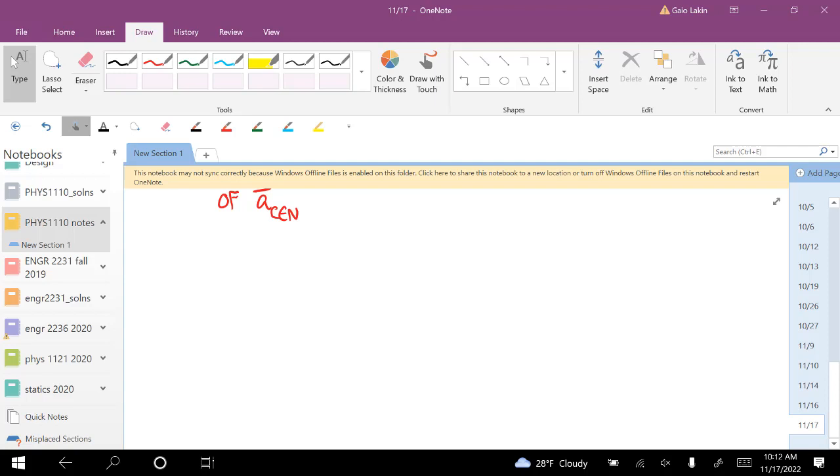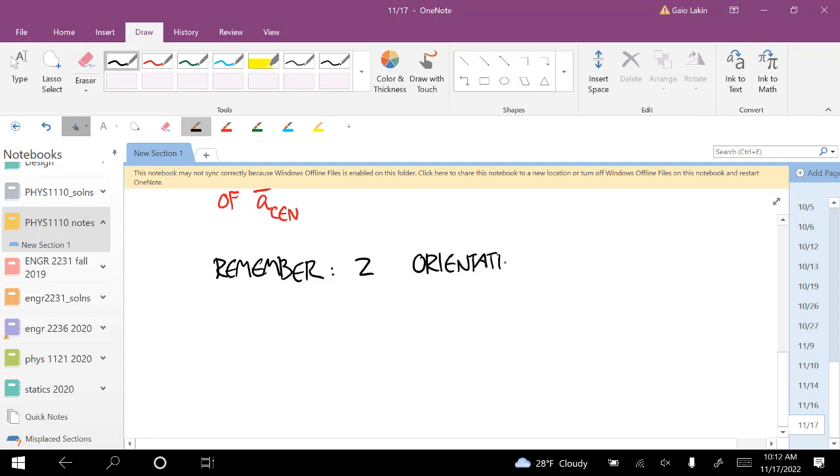But here's why it's important, because there are two kinds of circular motions that we're going to deal with. Let's say there are two orientations of circular motion that we'll see.